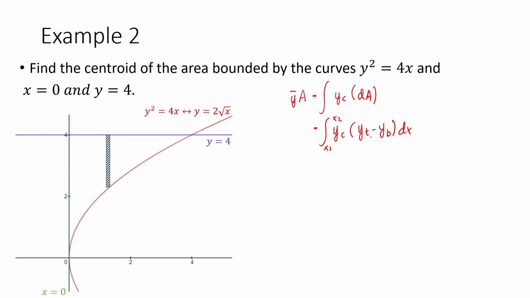So notice again that this will shift to in terms of x tanan. So let's say we're going to remain y sub c first, and then this becomes 4 minus 2 square root of x dx. So again, your y sub c must be in terms of x also.